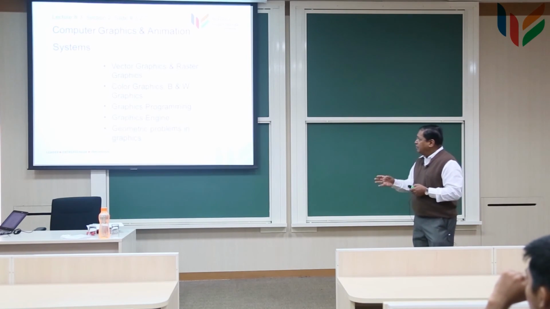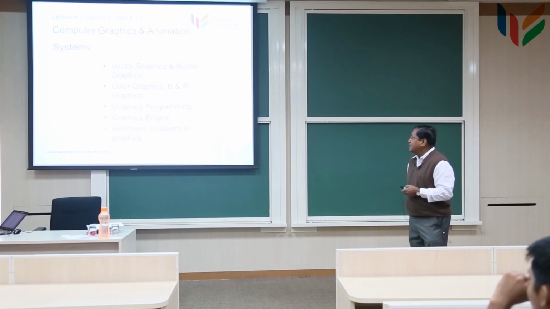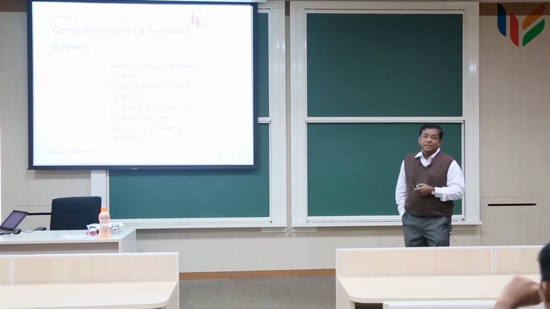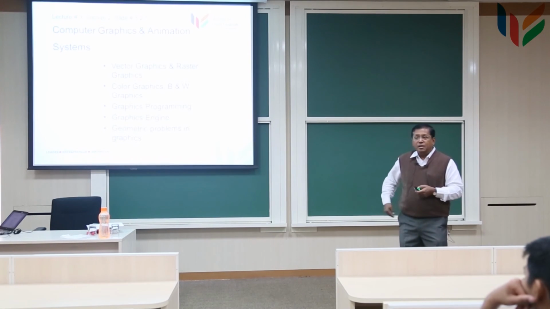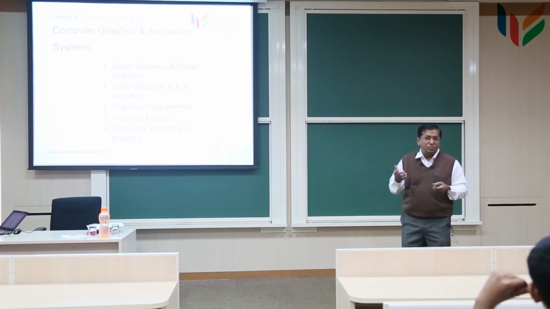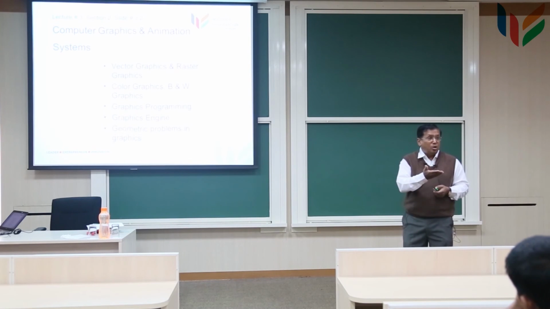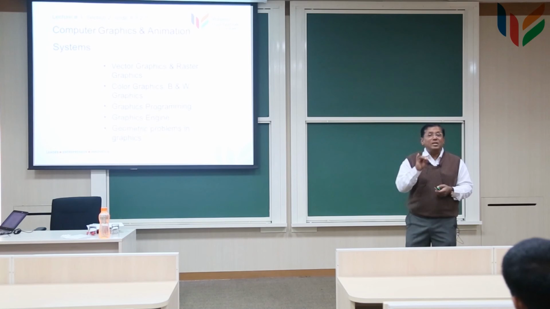I want to give you a little glimpse of some of the other things that have happened. Graphics is very fascinating, and a lot has happened in the graphical world. Earlier we used to do only alphabets; graphics was not possible. Today you saw how powerful things are, and AutoCAD is the simplest of the software.